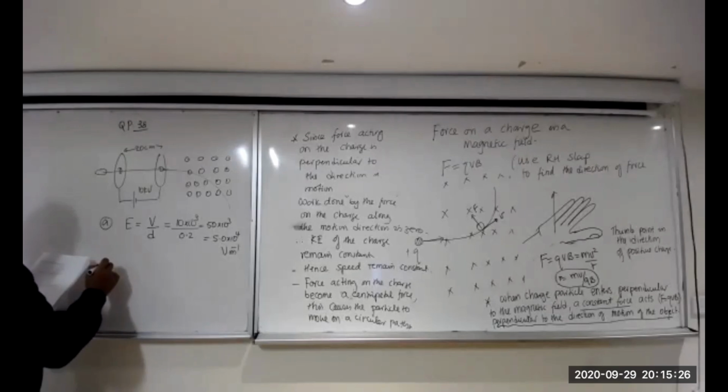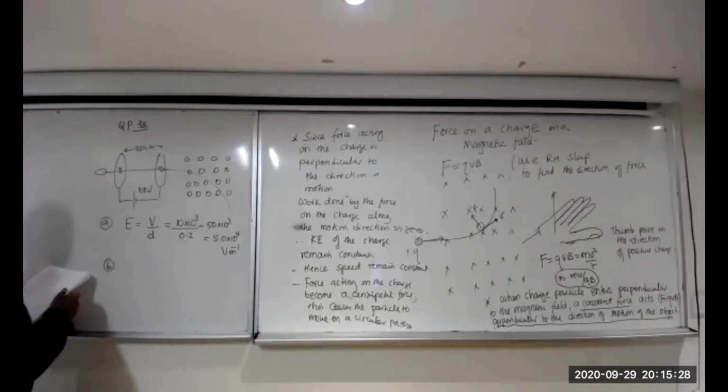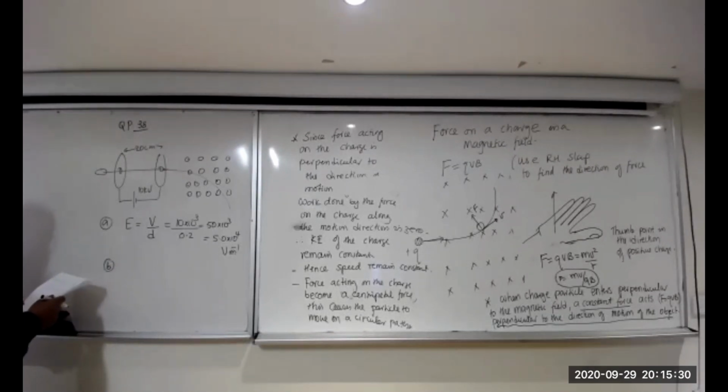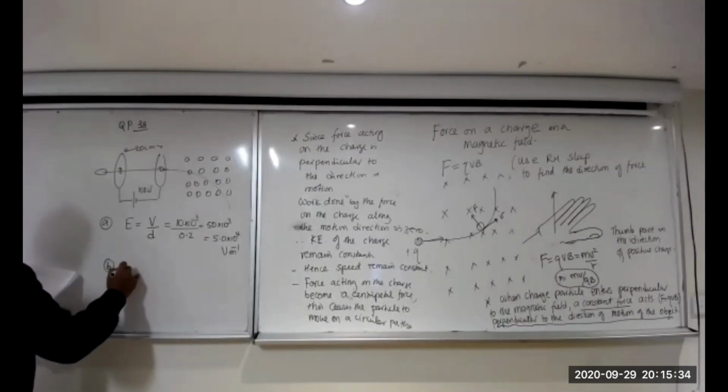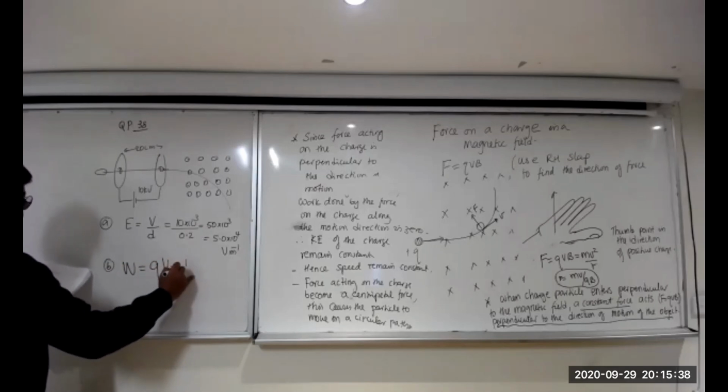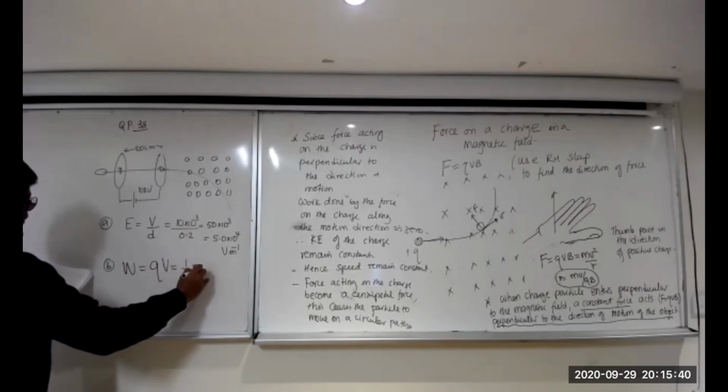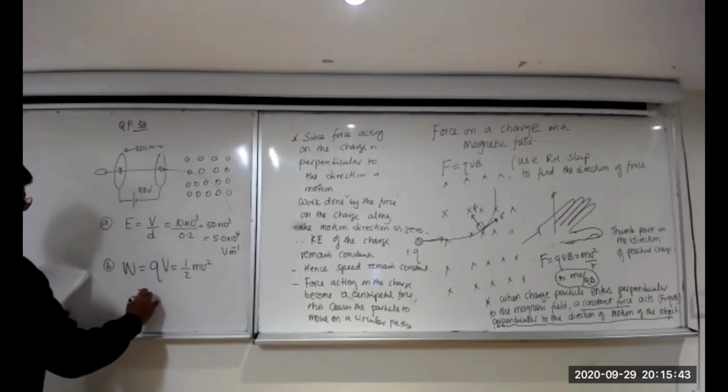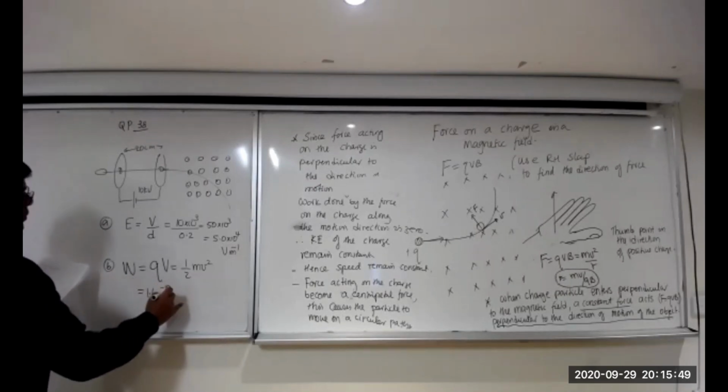Next, part B. Calculate the speed of the proton as it exits the electric field. Work done equals half mv squared. The potential difference was 10,000.